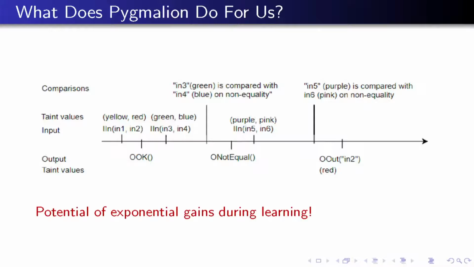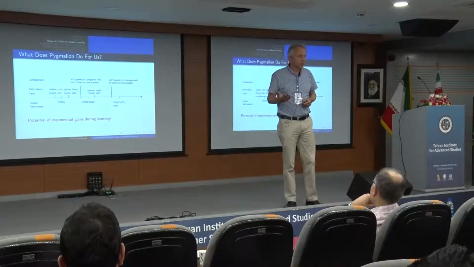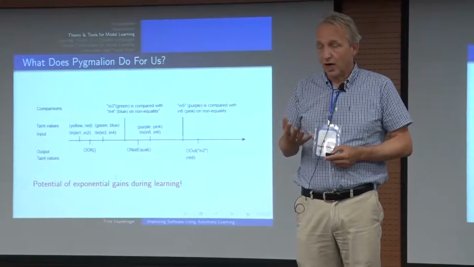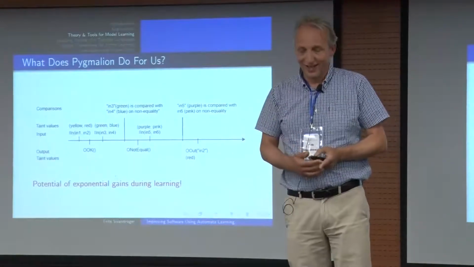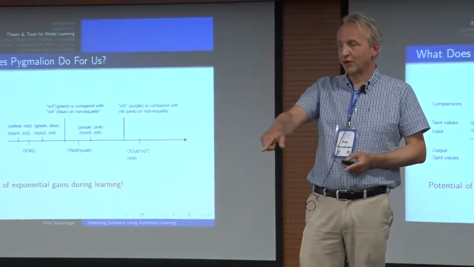That's very useful, and it possibly leads to an exponential gain in learning, because this combination lock scenario no longer exists, because we can see exactly which tests are being carried out.